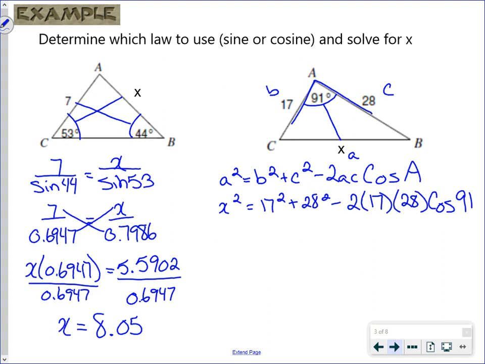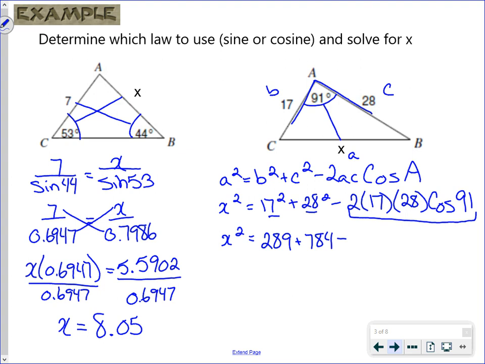So now we'll do our calculations. We're going to square our 17 and 28, and then we'll multiply these four values together. So we'll get x squared equals 289, plus 28 squared is 784. Then we're going to subtract these four values multiplied together.